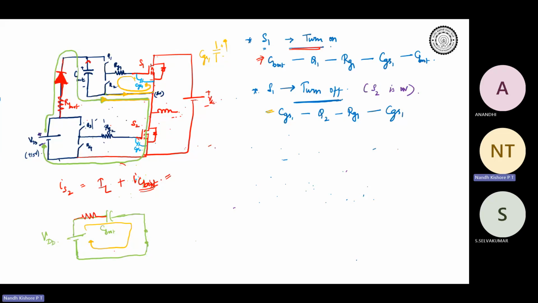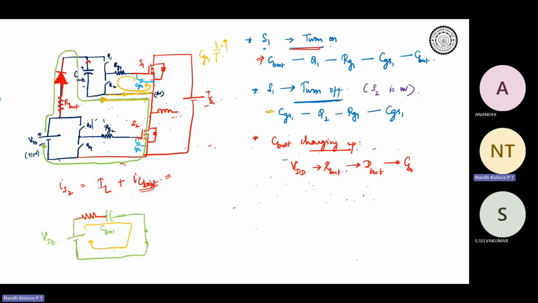Okay, so now we will write the C boot charging path. C boot charging up will be from VDD through R boot, which is for current limiting. Then it will go through the bootstrap diode D boot, which is for preventing backflow of current, right?